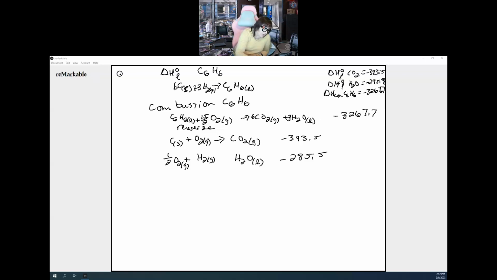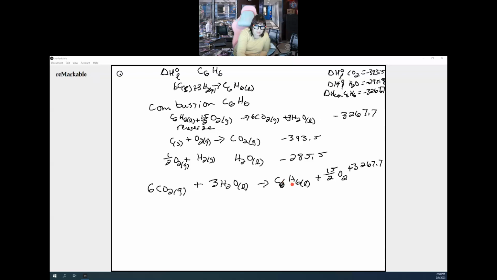So when I reverse that, I end up with 6CO2 gas plus 3H2O liquid gives me C6H6 liquid plus 15 halves of O2. And of course, since I've reversed it, that's 3267.7, which is positive. Okay, awesome.